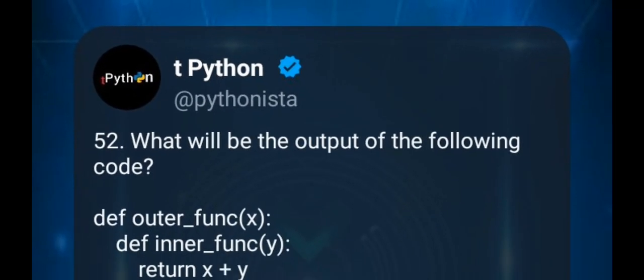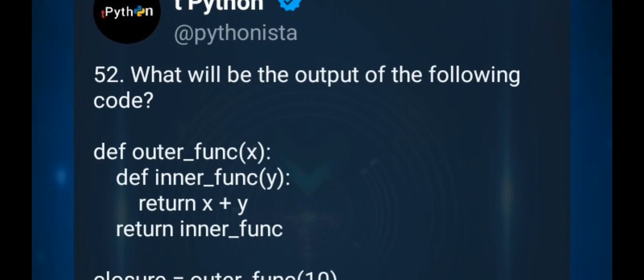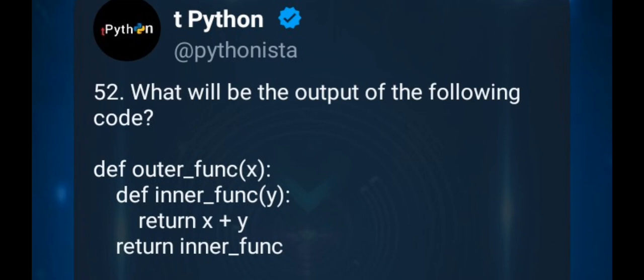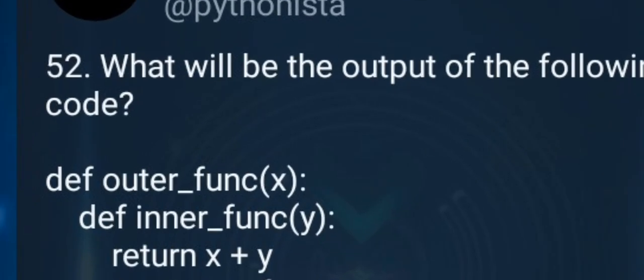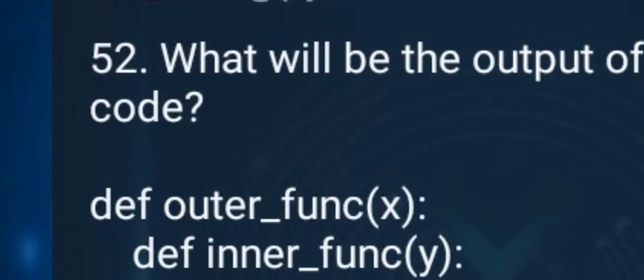What will be the output of the following code? What we have as the code is the definition of a function. Actually, two functions, one nested inside the other one. The outer function is named outer_func and receives one argument, or has one parameter x.